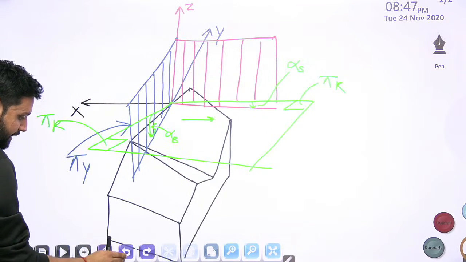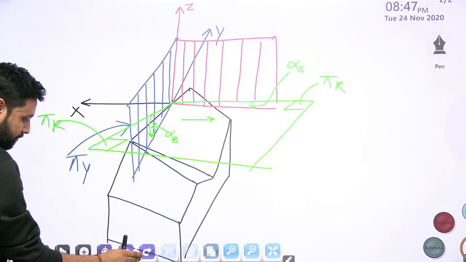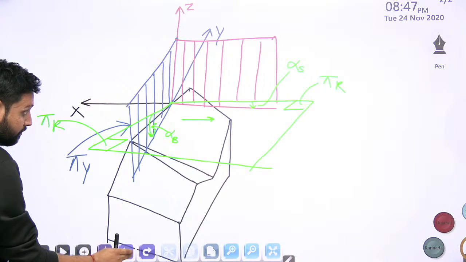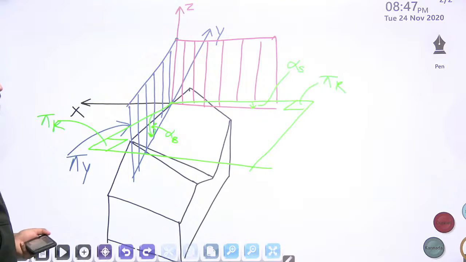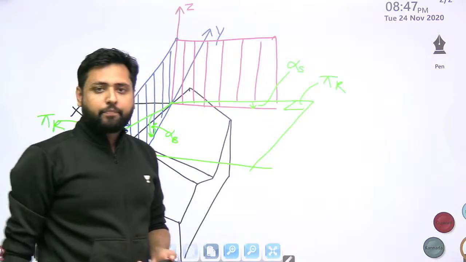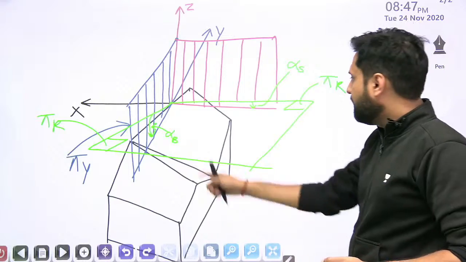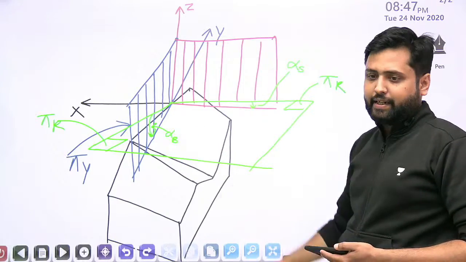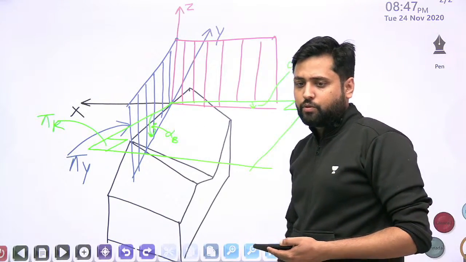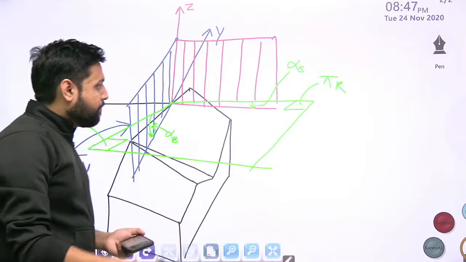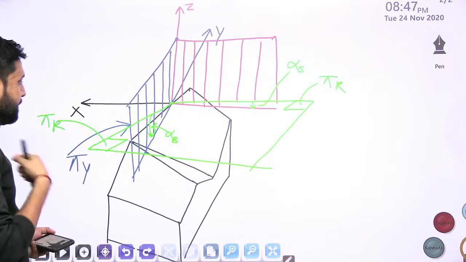Now stay here. These are the planes of ASA. This is the machine reference system, back rake angle, side rake angle.